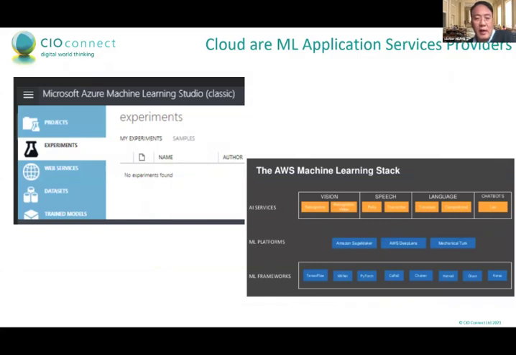This is an example of Microsoft and AWS and how they have this kind of application on the cloud platform, available for anybody to use to build their service, to build the AI service for the public.